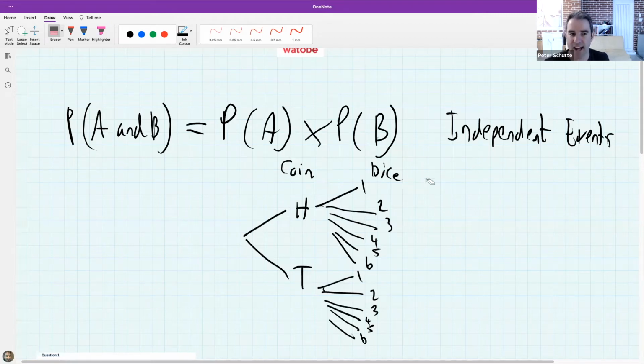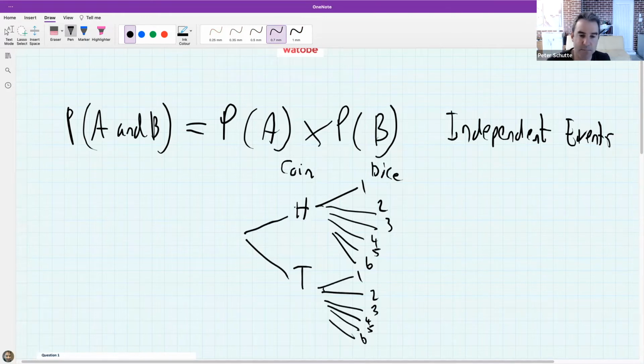So there are 12 possible outcomes for this little experiment I've made up, tossing a coin and rolling a dice. What this identity helps us do, because these two events are independent, is multiply along each of the branches.